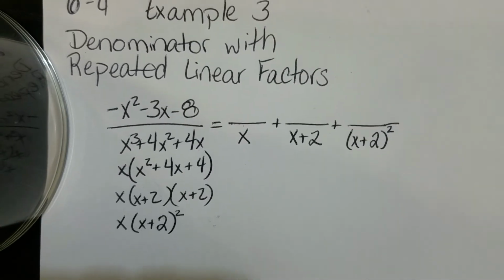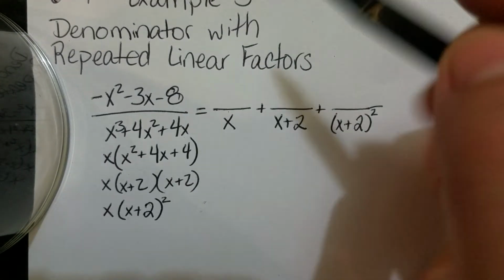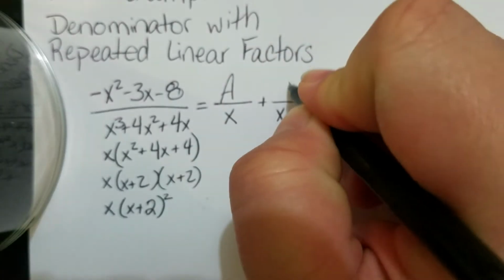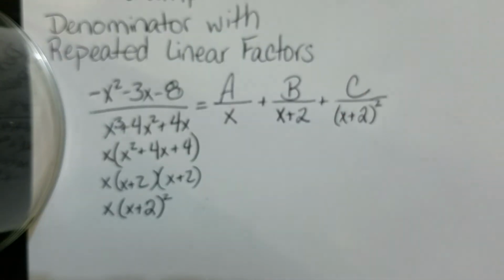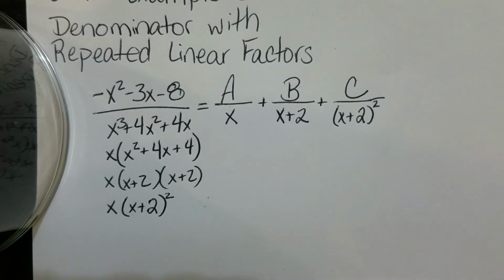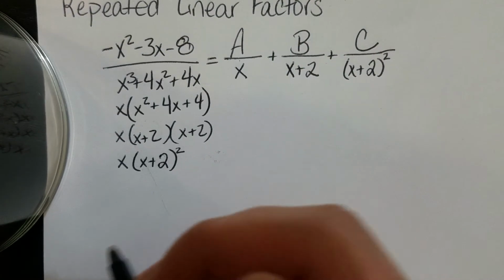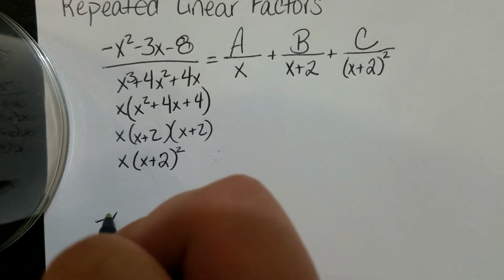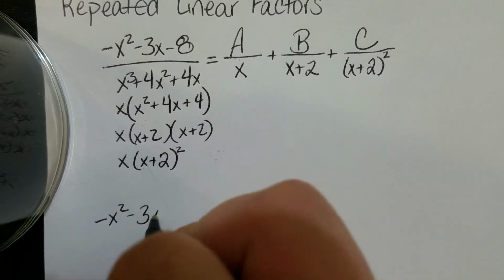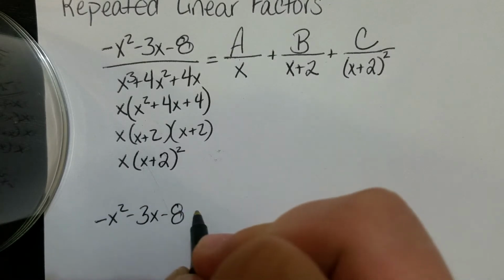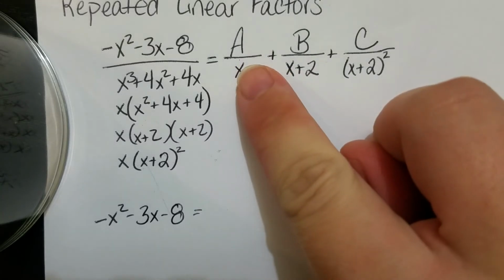In terms of the top, you're going to do the same thing we've been doing, which is A, B, C. And then from there, you're still going to multiply by the least common denominator. And what's going to happen is on this side, the whole denominator is going to cancel. So on this side, I'm just going to be left with negative x squared minus 3x minus 8. This side I have to be careful.